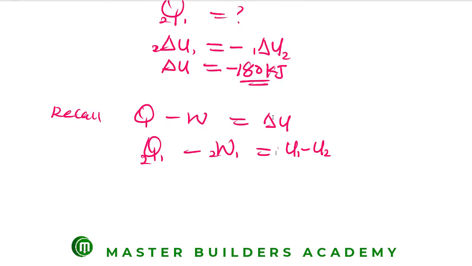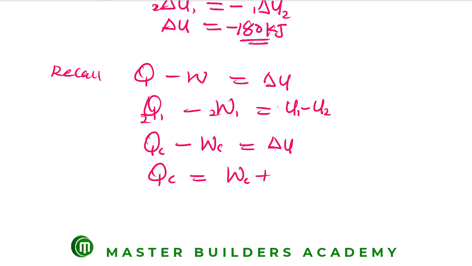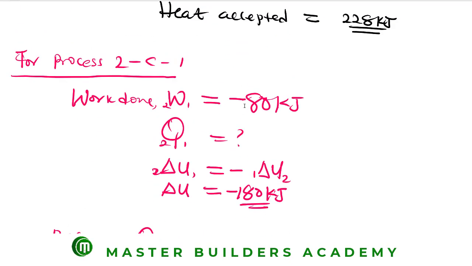And then by the time we decide to put this in terms of the particular part, we can call this now QC minus WC is equal to change in internal energy. So since we are looking for QC, we just make QC the subject of the formula: WC plus change in internal energy. And we know that the work done in this process, as you can see, is negative 80.